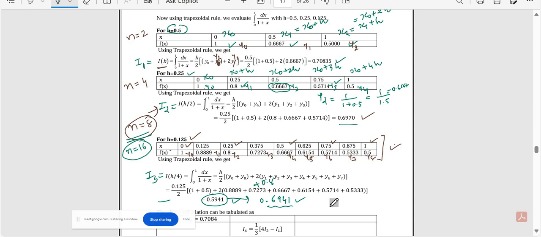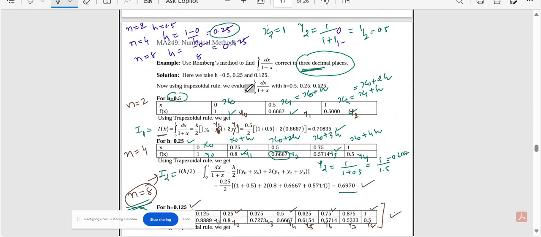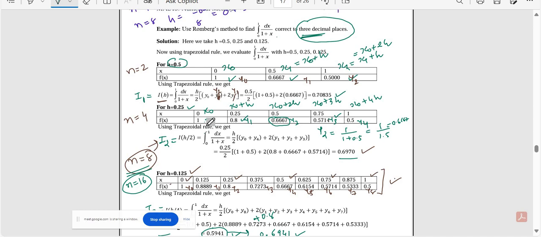Sir, we could take n equals 3 or n equals 5, right? If you take that, then your table will be more complicated. If your partitions are even, then you will get a good answer and your calculation will be reduced.